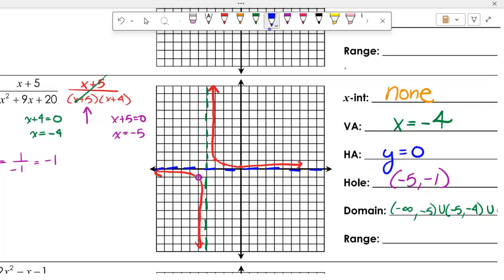Range. Again, I can trace along the entire thing if I'm going from bottom to top. And remember, we do it just like a number line. Number lines go from negative infinity to infinity. So I'm going to do my range from negative infinity to infinity. So it's going to go from the bottom to the top. So the only time I'm going to pick my finger up, if I'm tracing along the graph, is at that hole. And then I'm going to go past it, and then I'm going to go here.